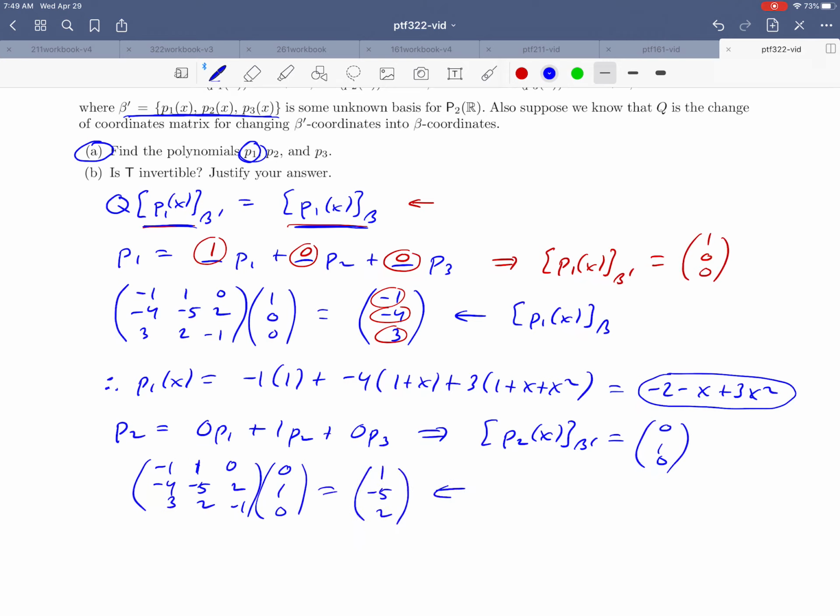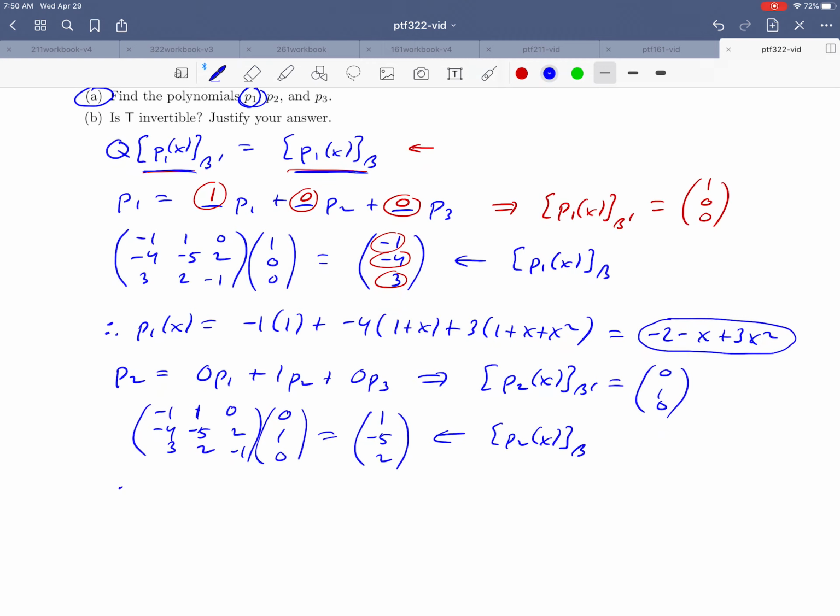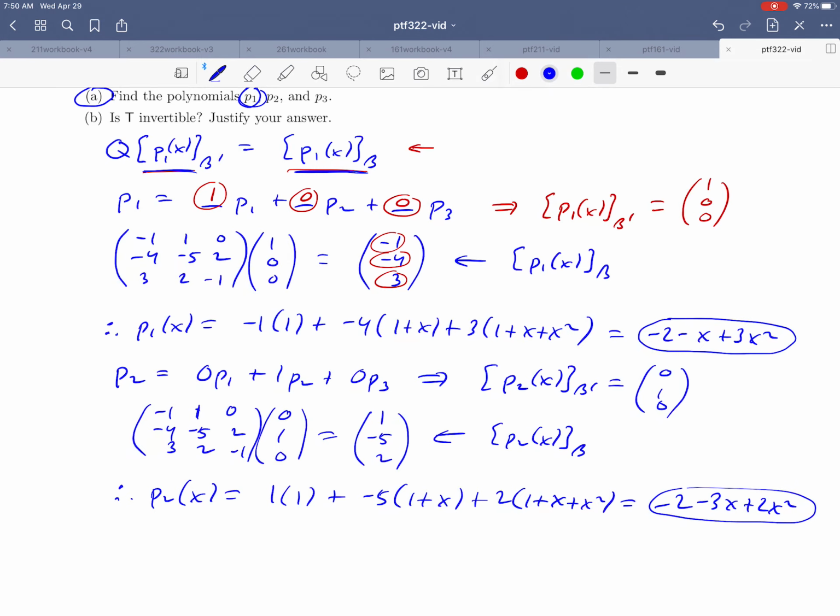And remember what that is: the coordinate vector of p2 relative to the basis that we do know, and it gives us a way to calculate p2. So p2 is going to be 1 times 1, plus negative 5 times 1 plus x, plus 2 times 1 plus x squared. Just do the algebra, and what you should wind up with is negative 2 minus 3x plus 2x squared. There's the value of p2.